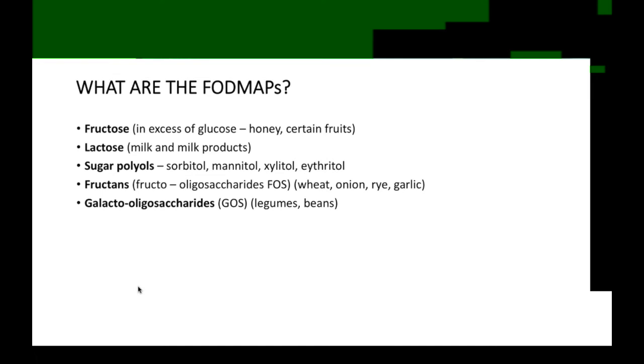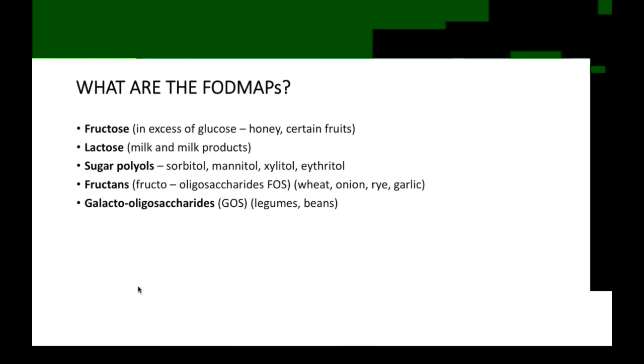So for example, fructose, and if you read the Beat the Bloat book, you'll see that what's actually important is whether it's in excess of the glucose in the fruit. So just because something is high fructose, if it's also high glucose, you will actually get transfer of fructose very rapidly into the system.